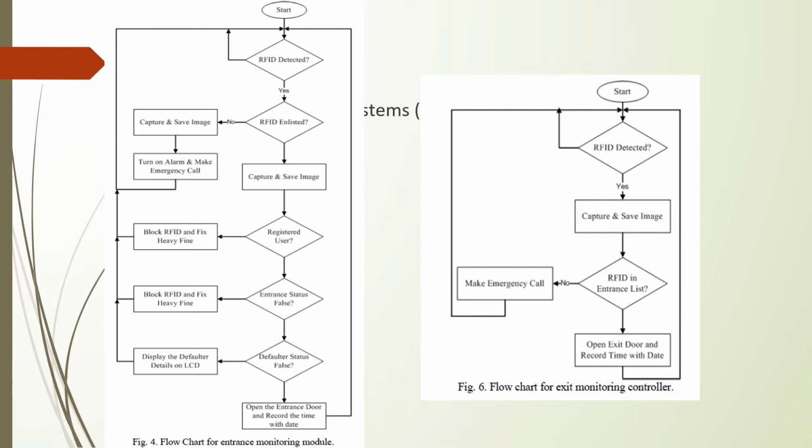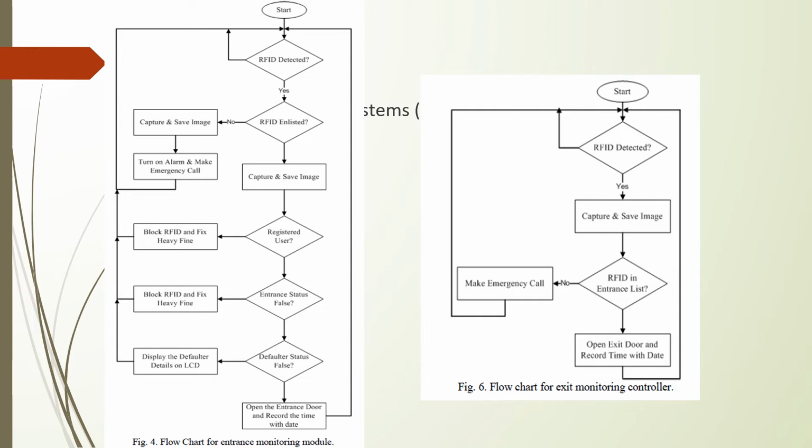Going further, after the user is registered, it will check whether the status is false or not. Suppose the status is false, then that means the user has never entered, so someone else must be there. So it also blocks the RFID and places a heavy fine. Now, if the RFID status is true, then we go to the defaulter status.